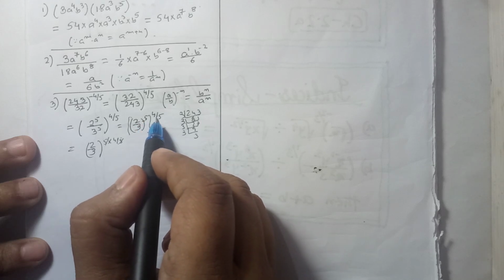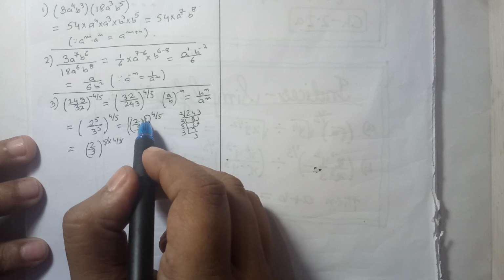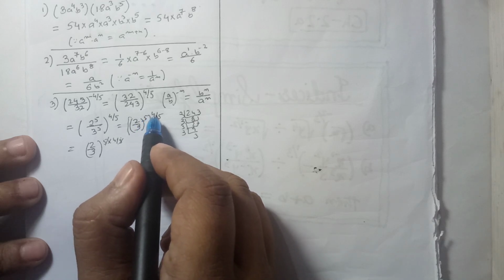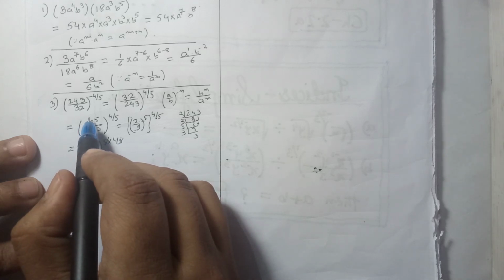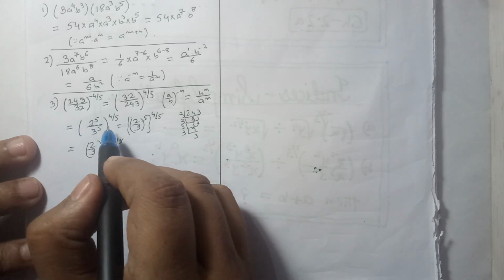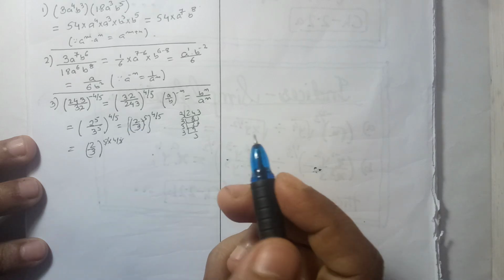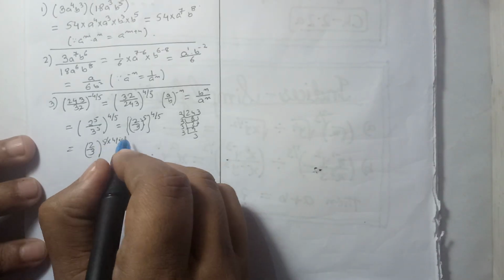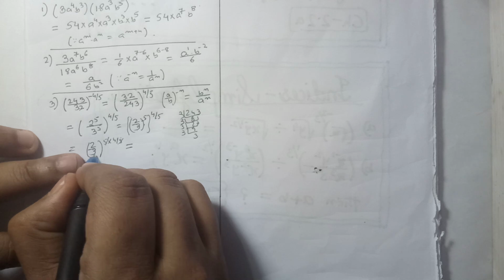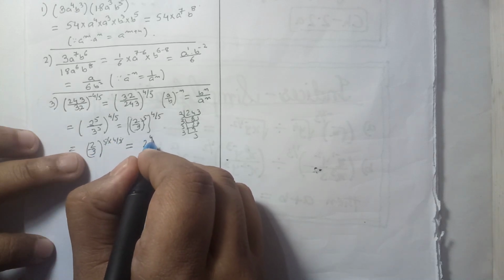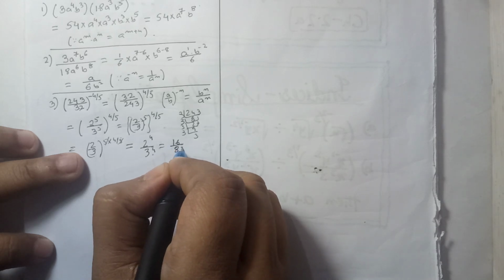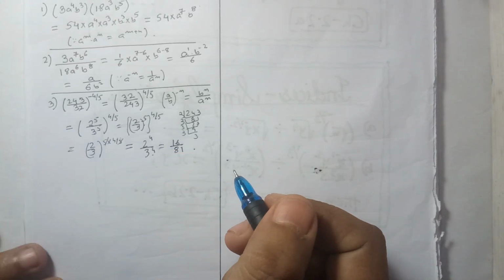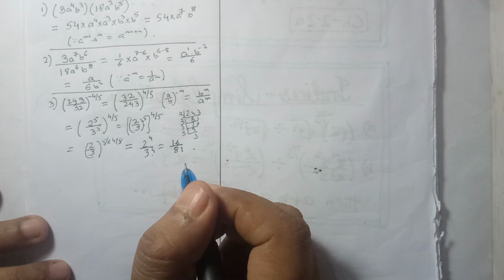To go back to the previous video, you will see that this is the property number 9 that I have used here, and this is the property number 7 that I have used here. Correct? So now 2 by 3 to the power of 4 will give me again by property number 7, 3 to the power of 4, 16 by 81. Right? Okay.